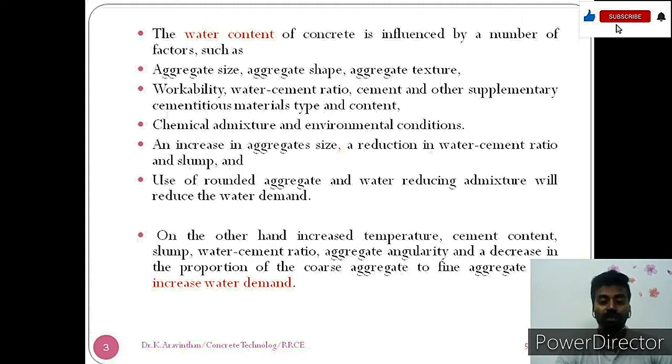Also, increased temperature, cement content, slump, water cement ratio, aggregate angularity, and a decrease in the proportion of coarse aggregate to fine aggregate will increase the water demand. So this point we will consider in mix proportioning, the coarse aggregate to fine aggregate value. If we are reducing the water content, we have to increase the coarse aggregate.